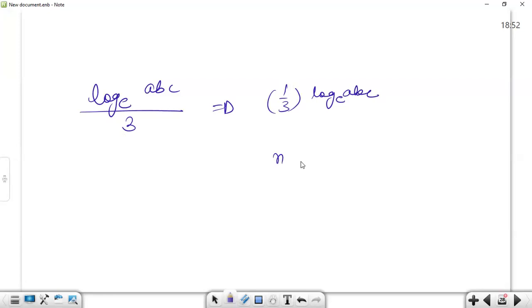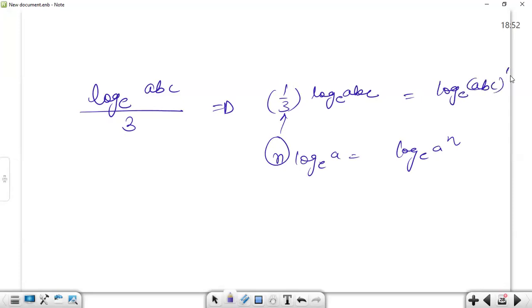So we can use the same formula, where n goes to the power of a. What is n here? It is 1 by 3. So logarithm abc, its power will become 1 by 3. Now further, there is also an e here, right? So e raised to power logarithm of abc to the 1 by 3.